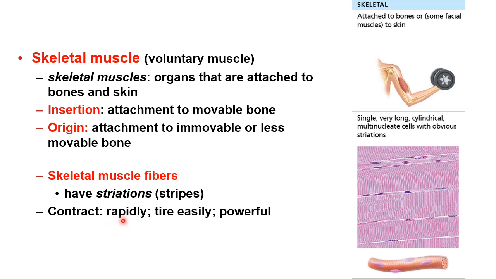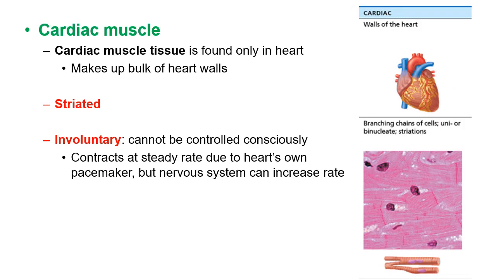Now, when you have the contraction of the muscle, we know that is going to happen very quickly, and a lot of times it's going to be a very powerful and synchronized type of contraction. Now, that was for the skeletal muscle, right? So it's striated.